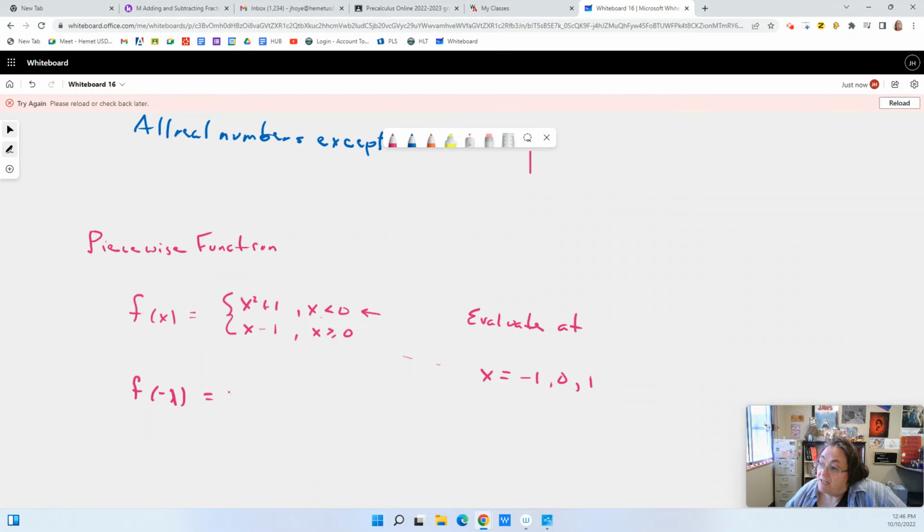So x is -1, so I have -1 squared plus 1, which gives me 1 plus 1, which equals 2.